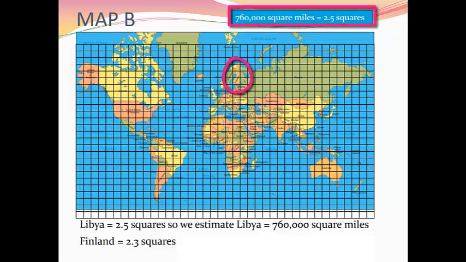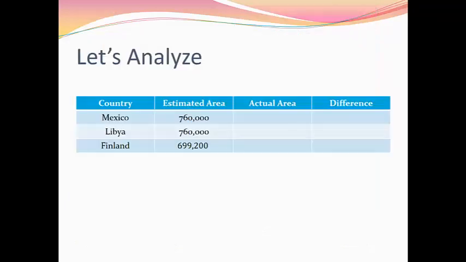We take our 2.3 squares and multiply on the top by our 760,000 square miles divided by our 2.5 squares. Our unit of squares is going to cancel out, and we'll be left with the unit of square miles. A quick calculation tells us that we estimate that Finland is about 699,200 square miles.